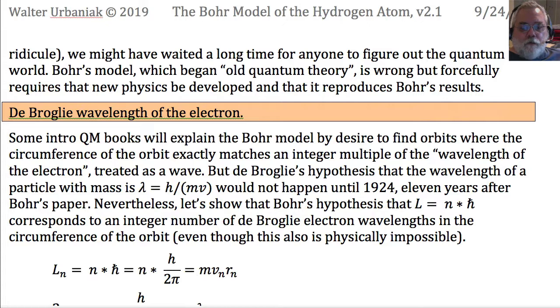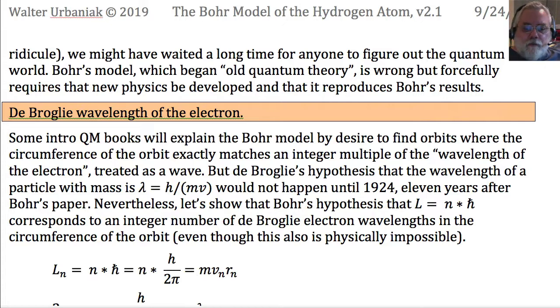But de Broglie's hypothesis that the wavelength of a particle with mass is lambda equals Planck's constant h divided by momentum, mass times velocity, that wavelength formula would not be published until 1924, 11 years after Bohr's paper.